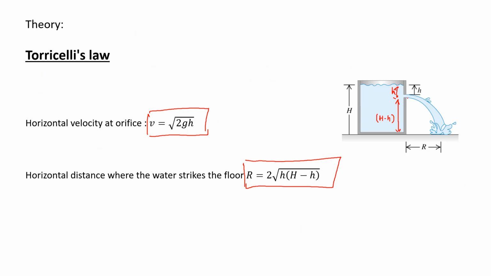One is for the exit velocity at the orifice, and the other one is for the distance in the x direction which the flow will travel before hitting the surface. That only depends upon the total height of the fluid and the height where the orifice is located. That's all. So it's small h and this capital H.